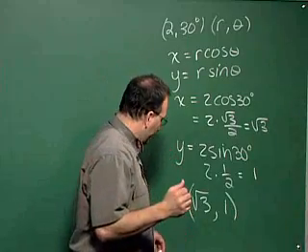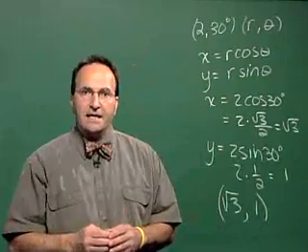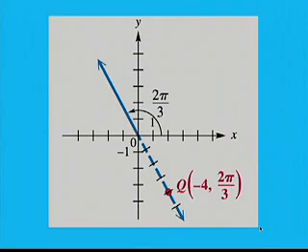Okay, well, we had a part B to that, and let's take a look at that graph right now. We have the point -4, 2 pi over 3. And we can see clearly that the angle of 2 pi over 3 brings us to a line or an angle with its terminal side here.